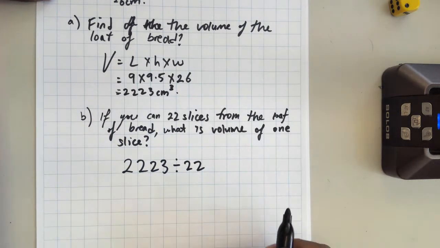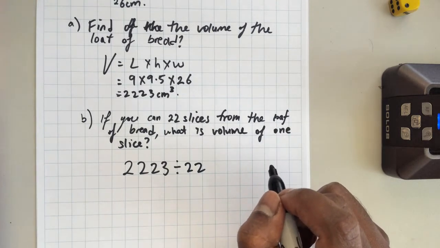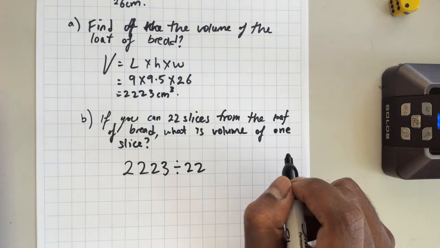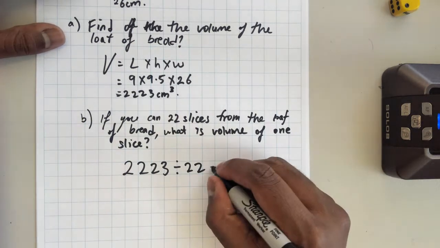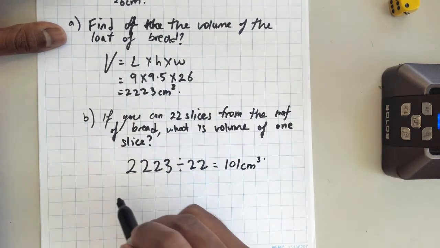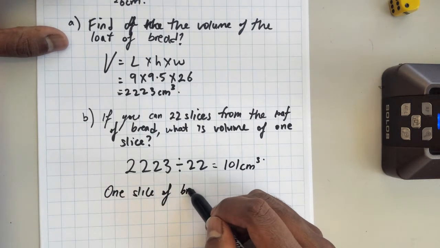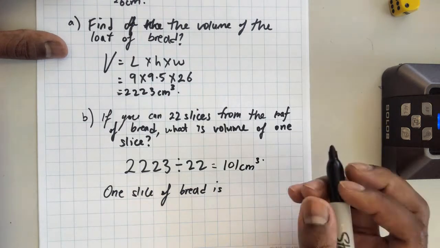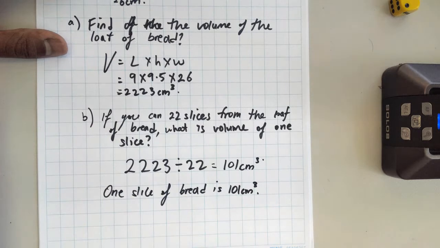You can use your calculator for that one. And we get 101. So that means that one slice of bread has a volume of 101 cubic centimeters.